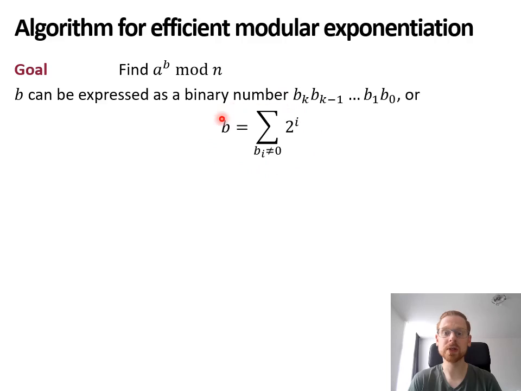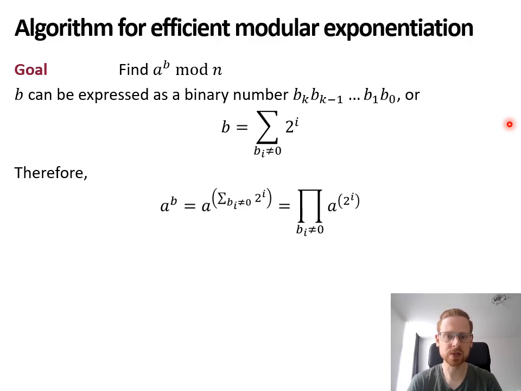Given that each bit is either 1 or 0, we can then write b as the sum over all bits b_i multiplied by 2 to the i power. Or, since bits are either 1 or 0, the sum over all bits b_i different from 0 of 2 to the i power. This obviously equals the value of b.